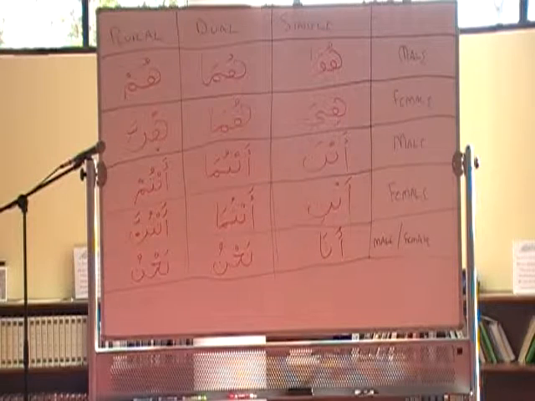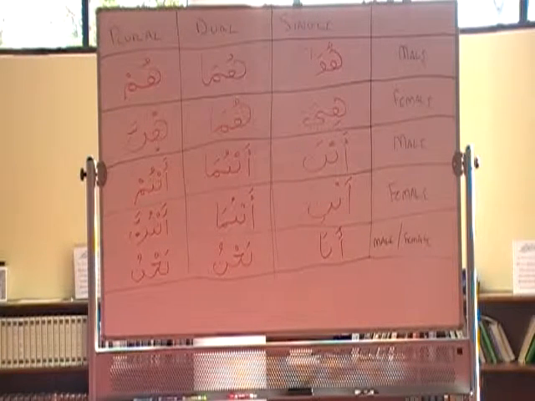So Al-Qur'anu is the mubtada, Nurun is the khabar. Then he translated each word individually. Al-Quran is the Quran, Nur means light. And then he put it together as a sentence. Al-Qur'anu Nurun. The Quran is a light.